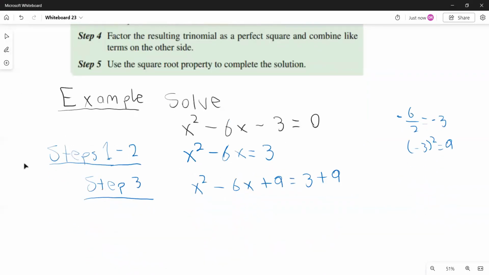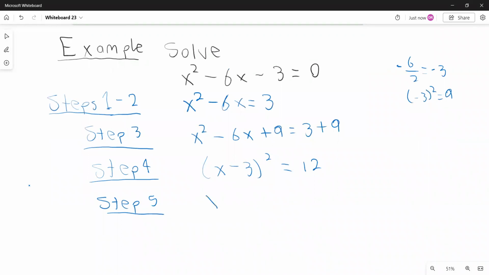That way, we have a perfect square trinomial on the left. So that factors as x minus 3 squared, and 3 plus 9 is 12. So now we have an equation that can be solved by using the square root property. And step number 5, we're going to find the solutions.